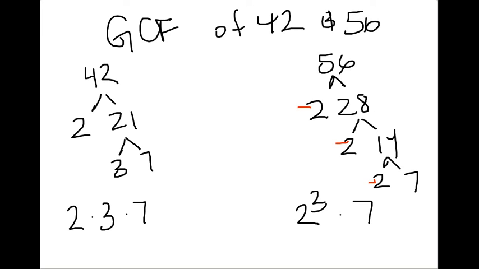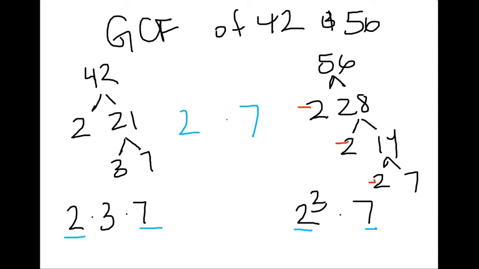So now to find their greatest common factor, I need to find out what they have in common. So if I look, they both have 2 as a base, and they both have 7 as a base. And now that I've found the bases they have in common, I look for the smallest exponents.